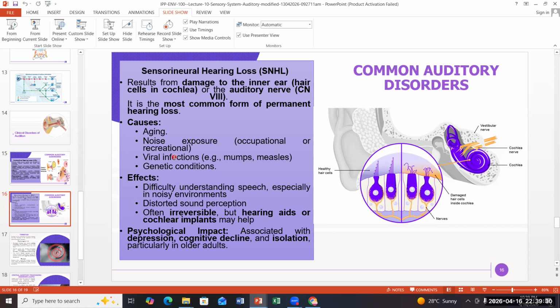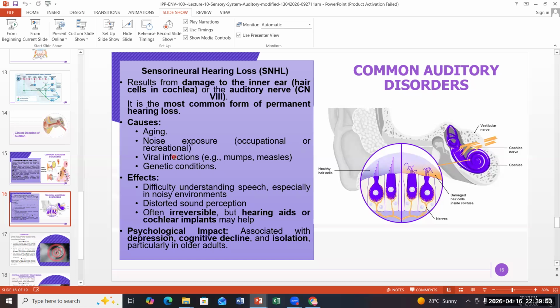Like we have, Alhamdulillah, perfect hearing ability, but still we have difficulty hearing in a noisy environment. Think of a person who has sensory neural hearing loss. They would almost not be able to hear anything. The sound waves will be distorted, and it is often irreversible.